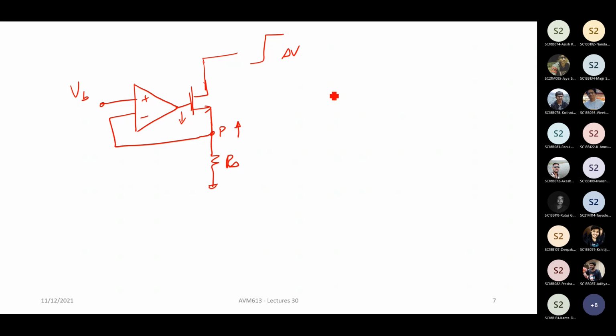As A tends to infinity, VB will be equal to VP, right? So this kind of gain boosted transistor is going to regulate the voltage at this node P.